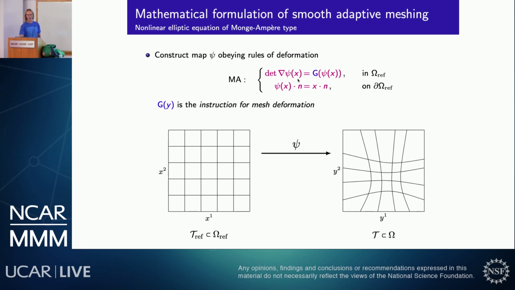Now, this is a very complicated nonlinear elliptic equation. Suppose we're in 2 dimensions, as this picture is showing you here. The gradient of psi is a 2x2 matrix, and then you take its determinant, so you have something quadratic in highest order derivatives. And this Jacobian determinant has to be given to this function g, which is the rule you've given me, but it's not g along this uniform mesh, it's g along the deformation, which you still don't know.